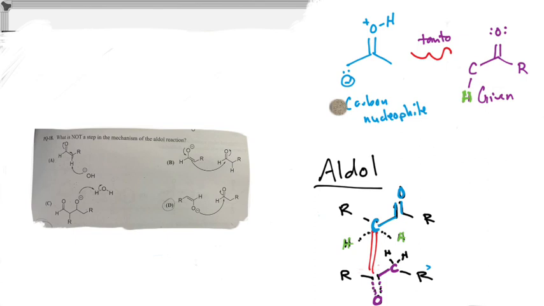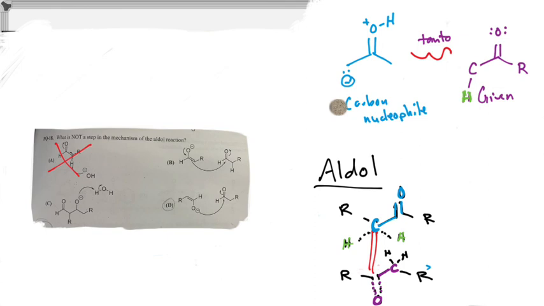That looks like step A. Right? Step A is generating the carbon nucleophile to run the reaction. I need that step. That's pretty critical. Are the arrows wrong? No. So not only is it doing the right thing, it also has the correct arrows. That is a valid step, which means not the correct answer that I want, because I want the not.